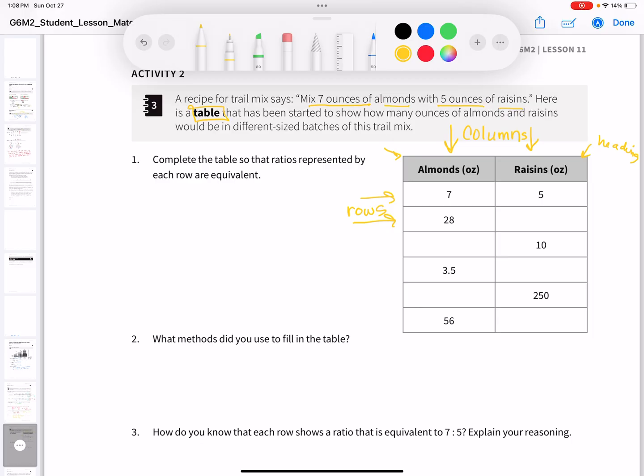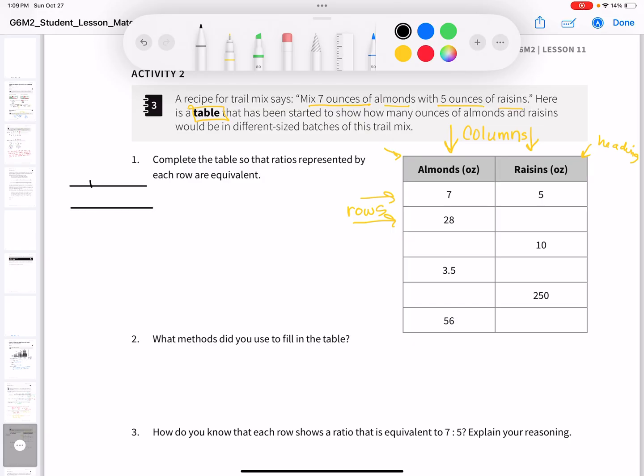Now, what's great about a table is every piece of information in the table is a part of an equivalent ratio. Okay, so let's complete the table so that the ratios represented by each row are equivalent. Okay, here we go. So instead of going across like in a double number line, right?